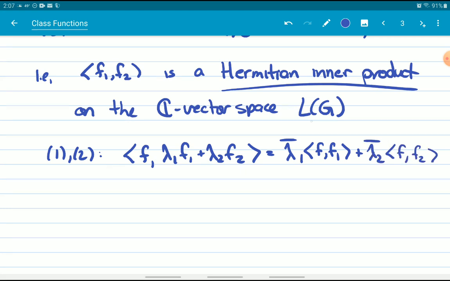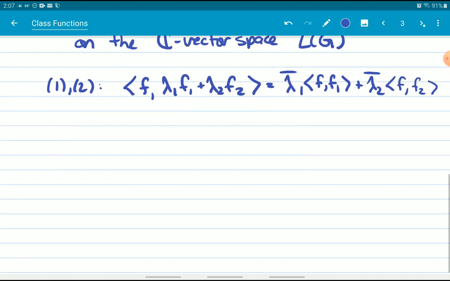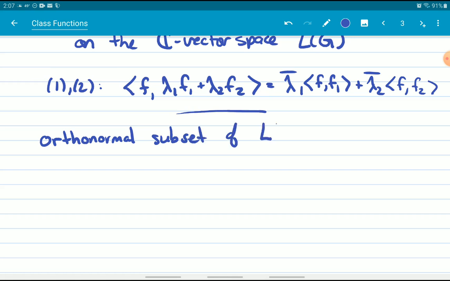By the way, since the class functions are a subspace of the space of all functions, that also gets a Hermitian inner product just by restriction. Because of this, we can talk about things like the following. We can talk about an orthonormal subset of L of G, or of the subspace of class functions.